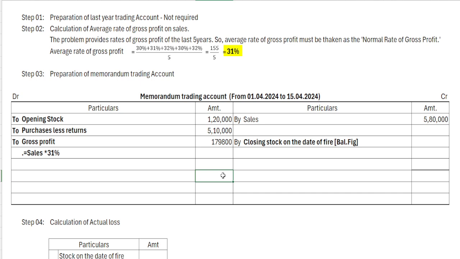Then let's close the accounts by balancing.